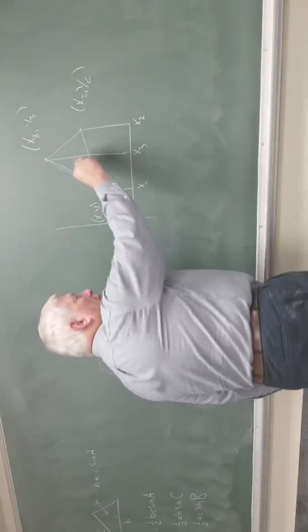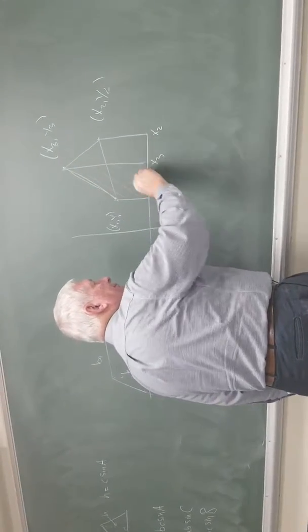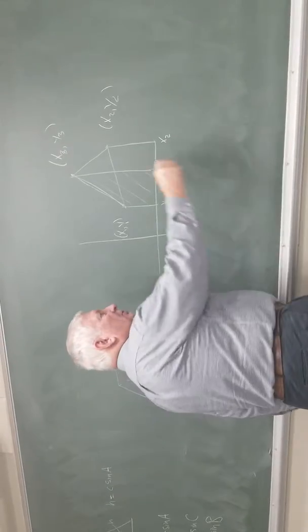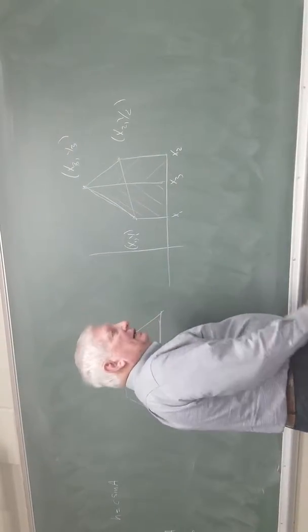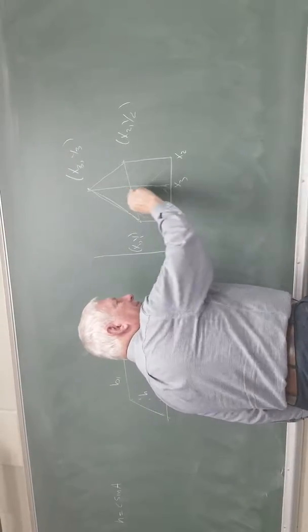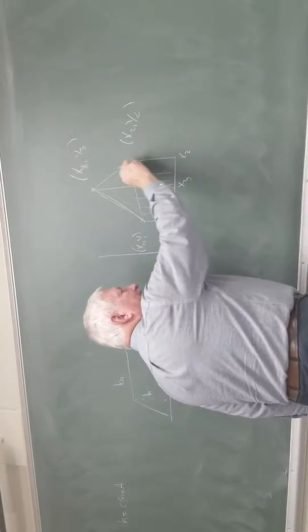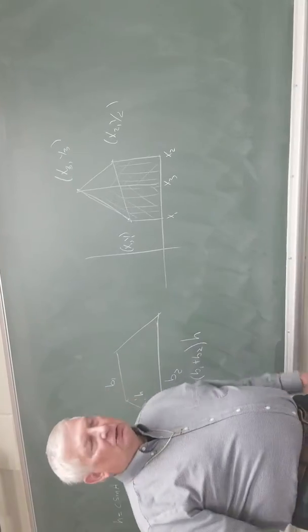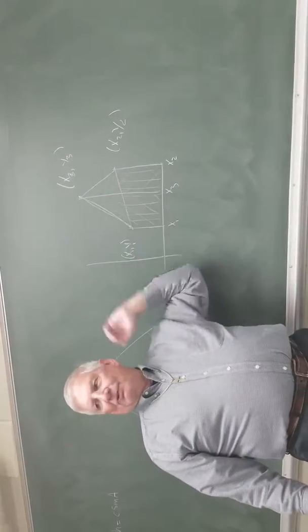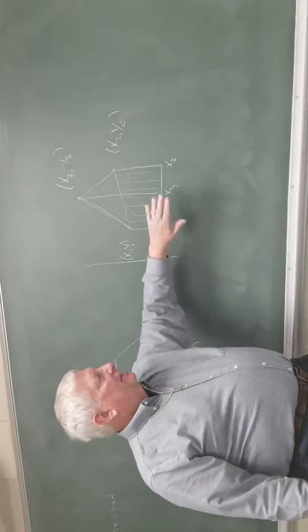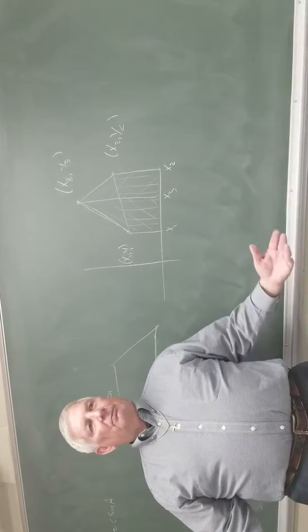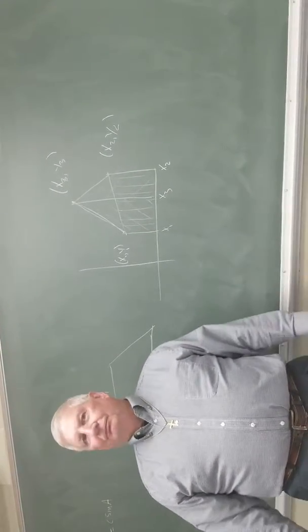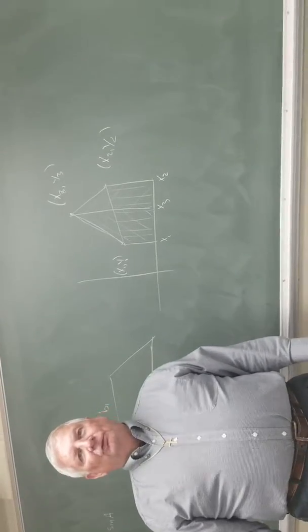I have the tall one on the left, the tall one on the right, and the wide one in the center. So if we add the two tall trapezoids and subtract the short wide trapezoid, we end up with the area. So let's do that.